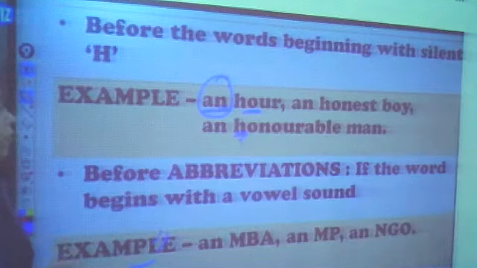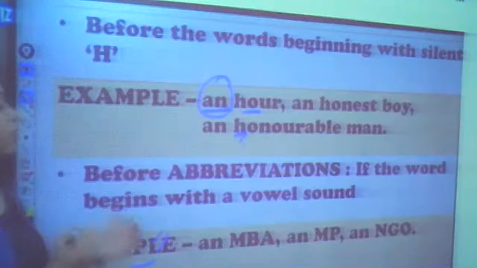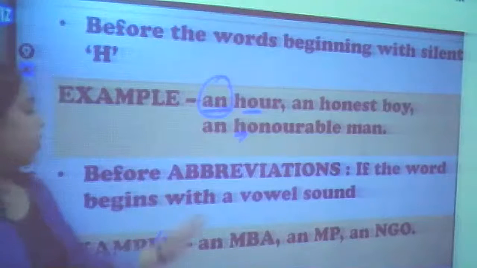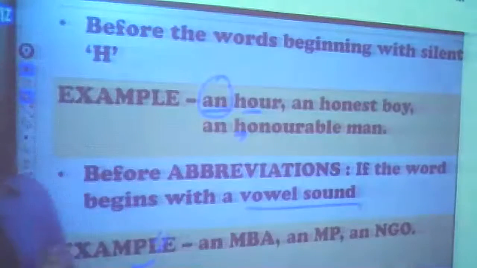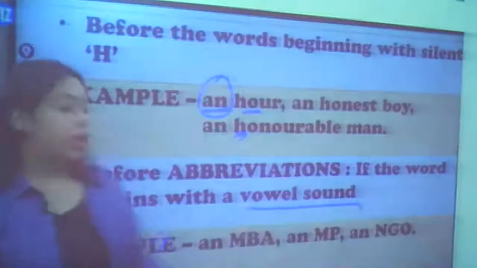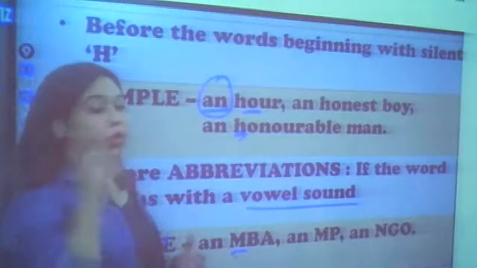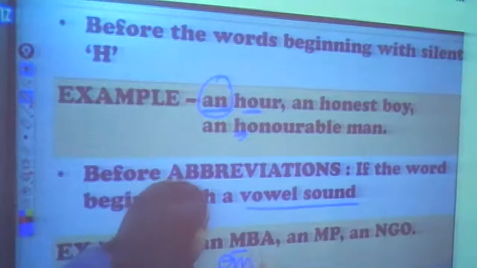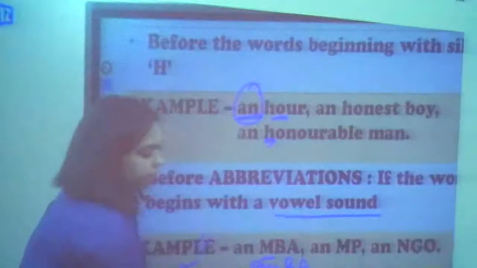Moving on. Before abbreviations, if the word begins with a vowel sound, it's very important. If I say an MBA, of course it starts with M, but if you listen to the sound, it goes 'em, bee, ay'. So this is the hidden sound 'em'.